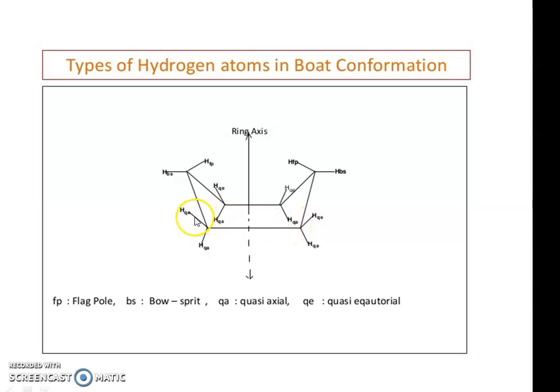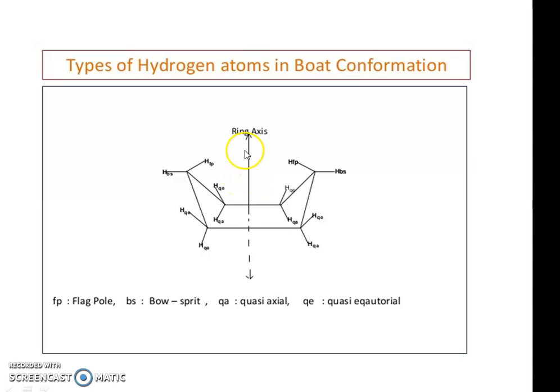So here this is quasi-equatorial and this is quasi-axial, this is quasi-axial and this is quasi-equatorial. So like this, there are 2 flagpole, 2 bowsprit, 4 quasi-axial and 4 quasi-equatorial types of hydrogen atoms present in the conformation.